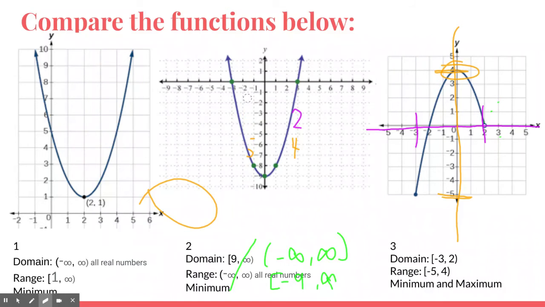So I'm going to erase this. And what you can see now is that we have the domain as -3, 2 in purple, and then our range is -5, 4 in orange. And it has both a minimum right here, and a maximum right there.